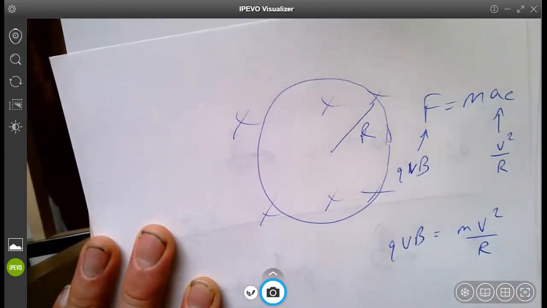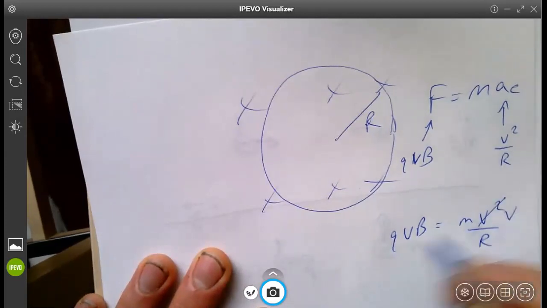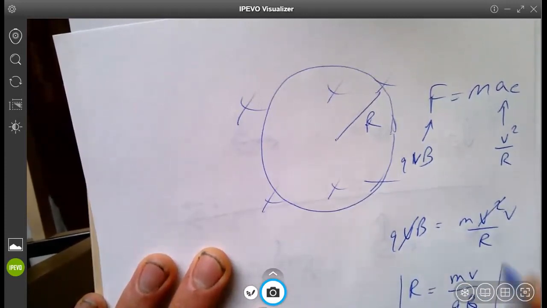So finally, putting all those together, we can solve for the radius here. This v cancels out with one of the v's, and r is equal to mv over qB.